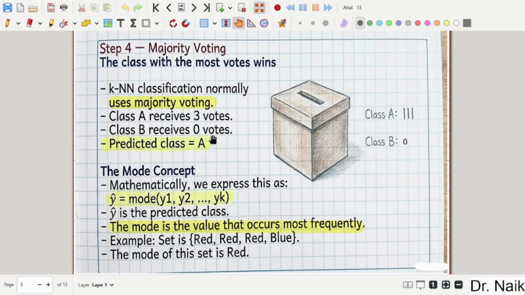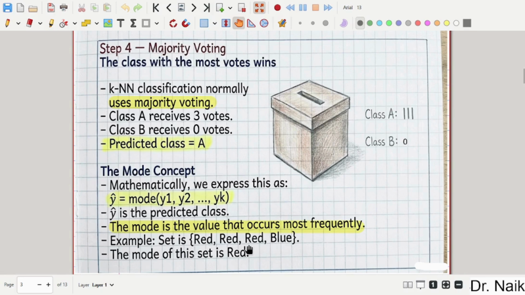Mathematically this is expressed as y hat equals mode of y1, y2 up to yk, where y hat is the predicted class and mode means the value that occurs most frequently. For example, take the set red, red, red and blue. Here the frequency of red is 3 and the frequency of blue is 1.